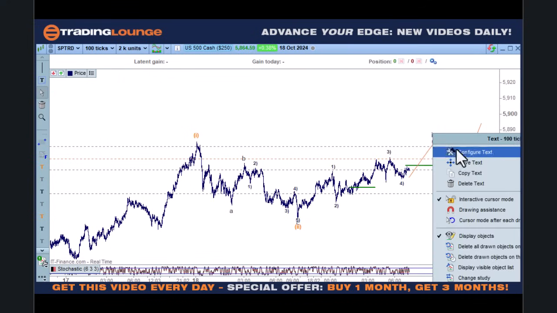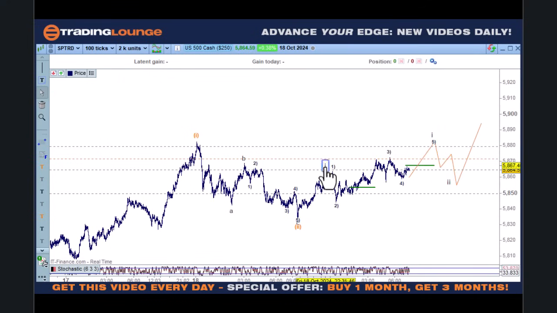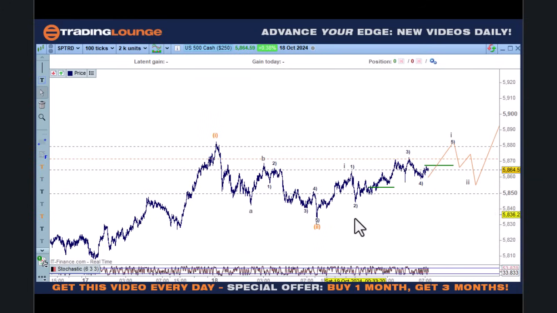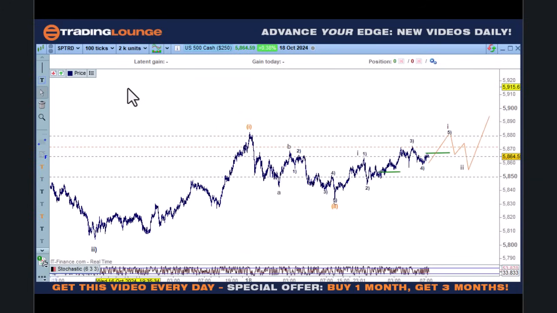I could take this wave 1 here and put it over here as well, because we've got a nice little 5-wave structure here as well. So that's where we are. So we should just generally be continuing to push up to the upside in all of that.